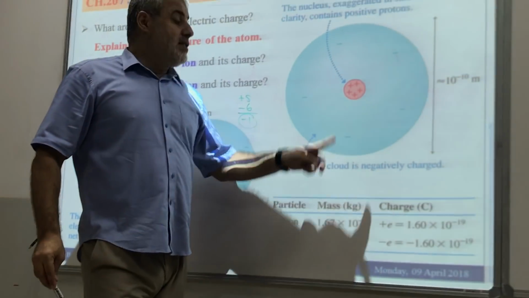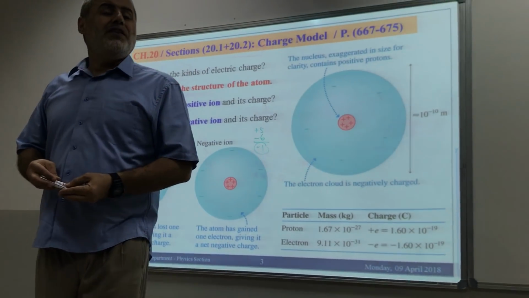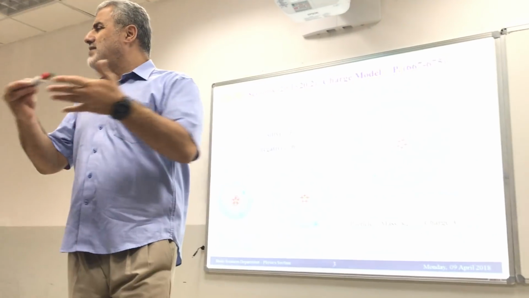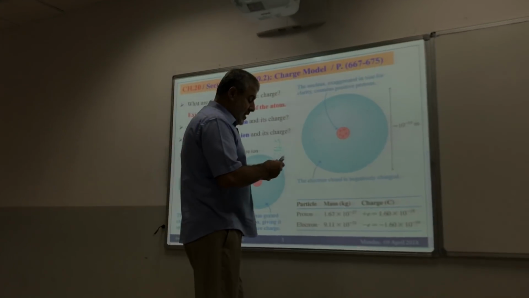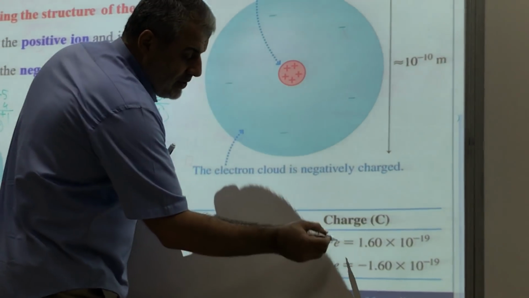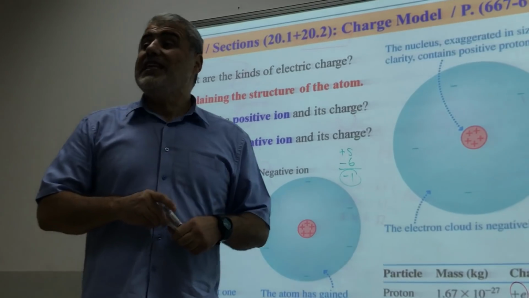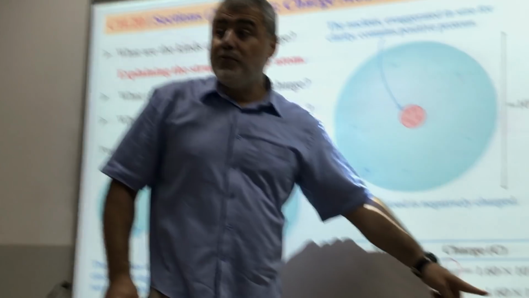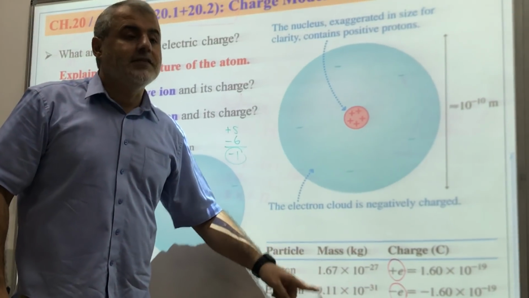If we compare the protons and electrons, by the way, we don't mention neutrons. They are not related here. You should notice the following. Both have the same magnitude of charge, but they have different masses.